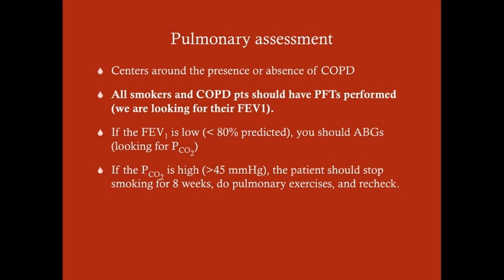If their partial pressure of CO2 on their arterial blood gas is high, which would be greater than 45 millimeters of mercury, remember the normal range for PCO2 is 35 to 45 millimeters of mercury, then the patient should stop smoking for 8 weeks. They should do pulmonary exercises like incentive spirometry. You can prescribe them a mucolytic and then recheck 8 weeks later.